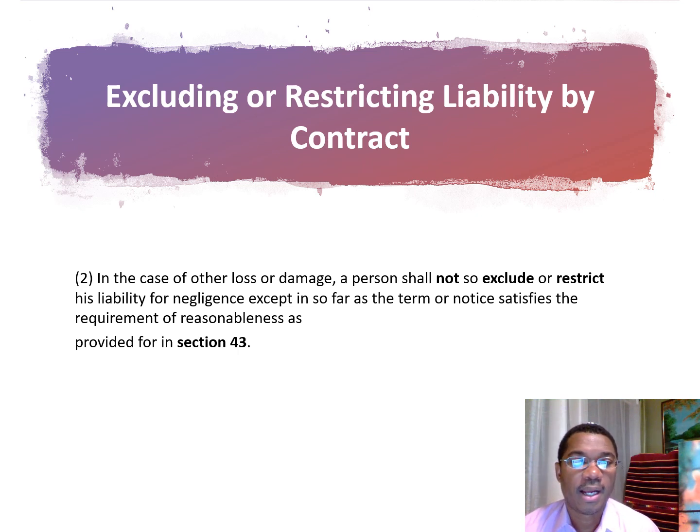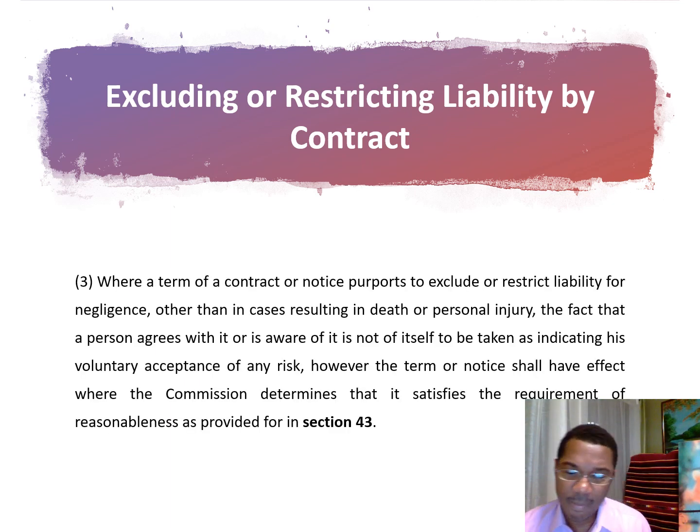And here, subsection 2 says that where there is loss or damage, a person shall not so exclude or restrict his liability for negligence except insofar as the term or notice satisfies the requirement of reasonableness as provided for in section 43. So again, this is seeking to qualify the disclaimer that personal injury and death are excluded from limiting, restricting or excluding clauses.